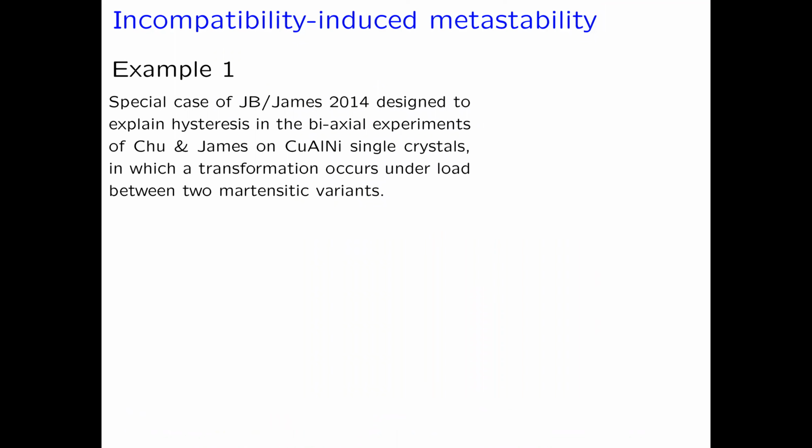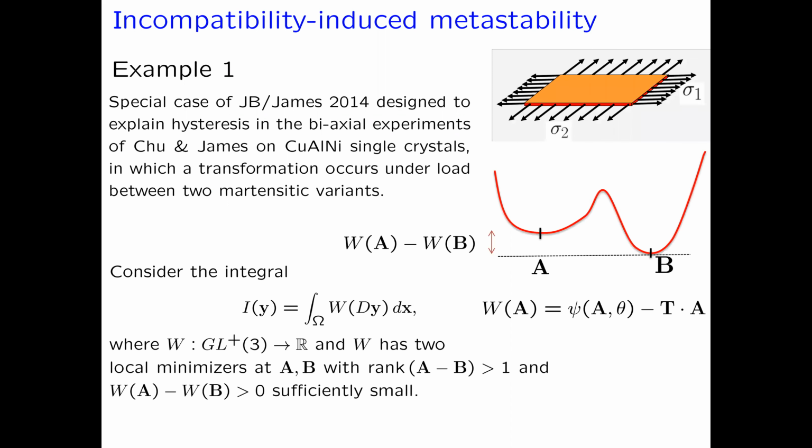This is a special case of some work I did with Dick James, designed to explain hysteresis in some experiments of Chu and James on copper, aluminum, nickel single crystals. And so there's the experiment. You took a single crystal and you pulled on it in two directions, in one direction by a force sigma 1 and another direction by a force sigma 2.